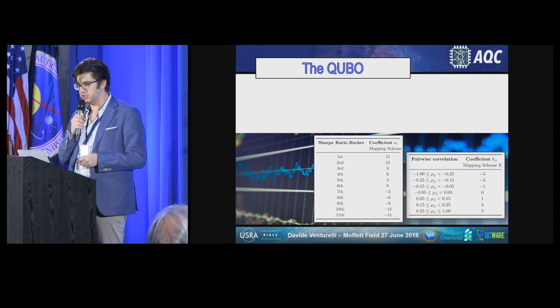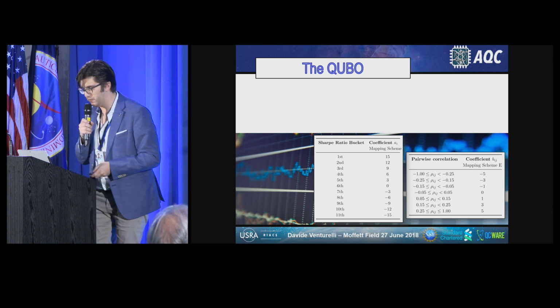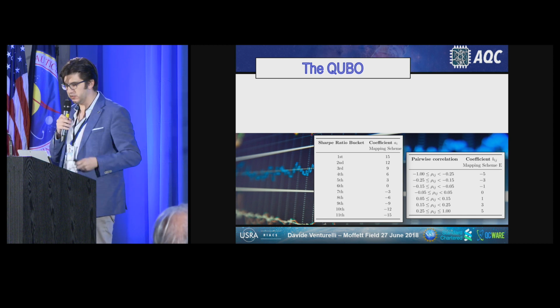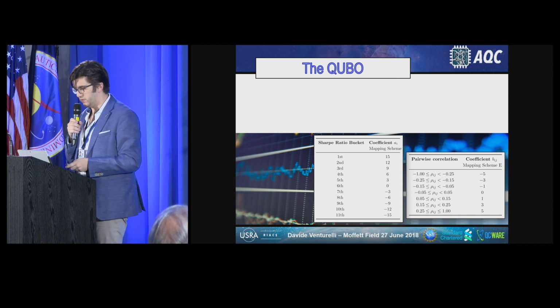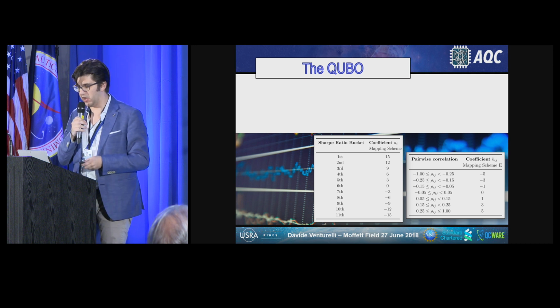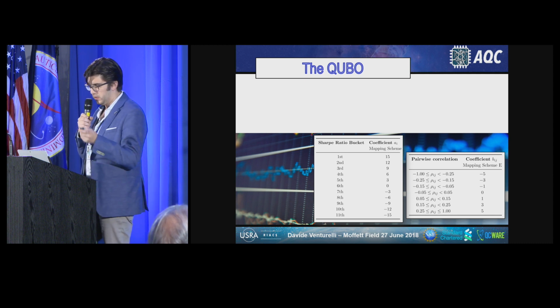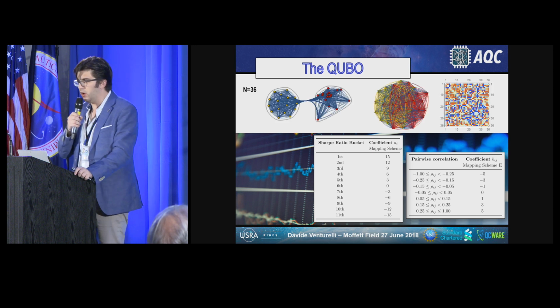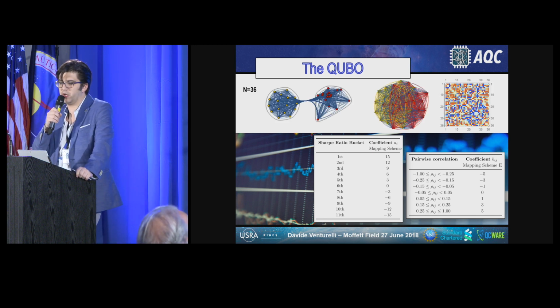We chose this bucketing; I'm going to say something about this. And you choose correlation values, which are integer values between 5 and -5, depending on what the covariance matrix is in your financial data. The resulting QUBO has an almost fully connected form.